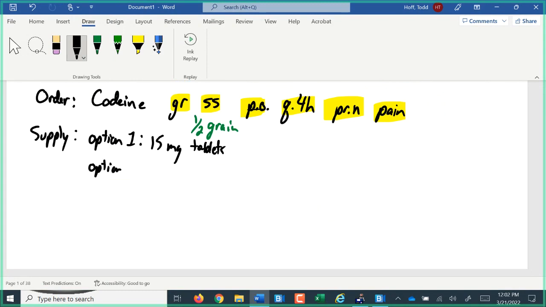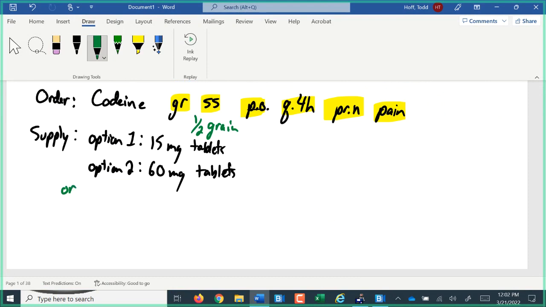Option 2, we have 60 milligram tablets. Why would we have more than one option? Well, 1, we don't want to divide tablets if we can avoid it. But we also don't want the patient to have to be swallowing like 8 tablets if they can just swallow 2.